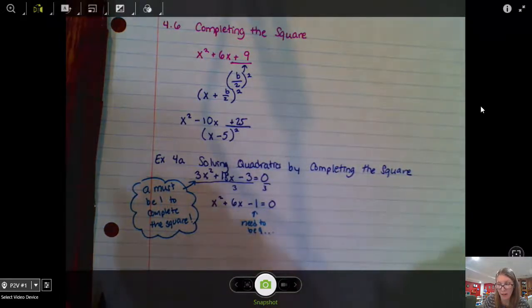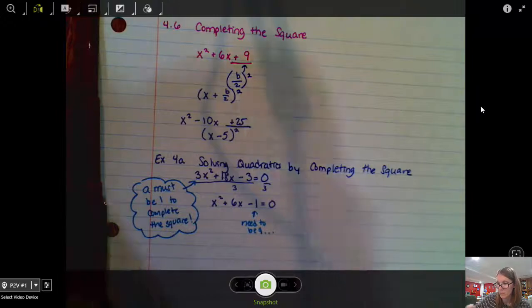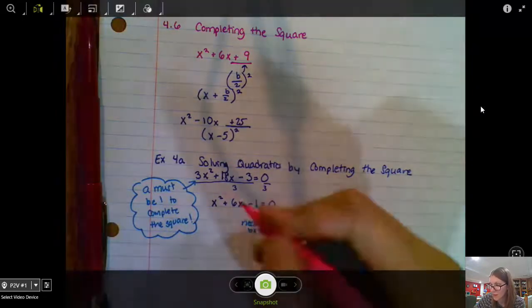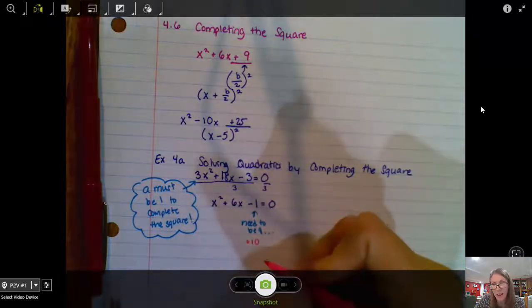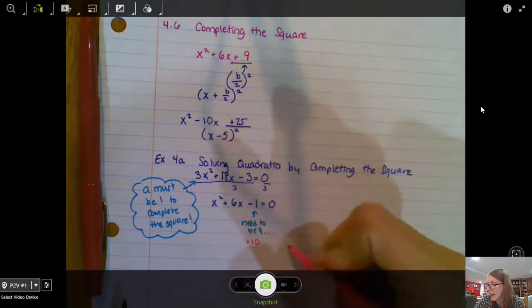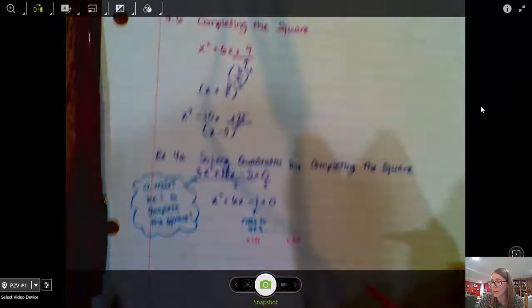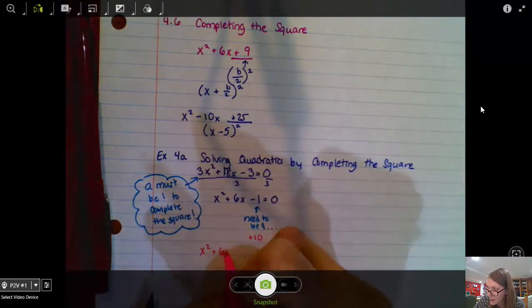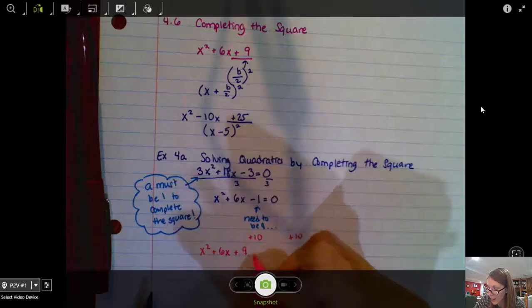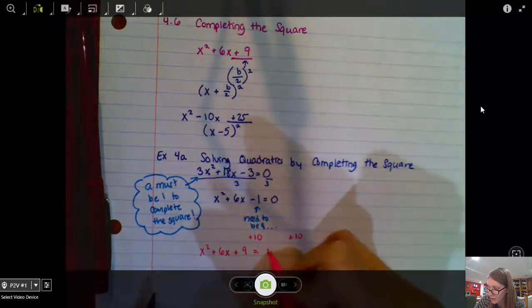I have -1 right now. To get from -1 to 9, I have to add 10. And I can do that as long as I add 10 to both sides in my equation. That gives me x squared plus 6x plus 9 equals 10.